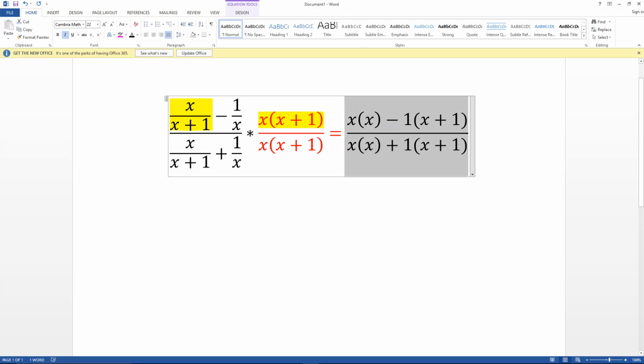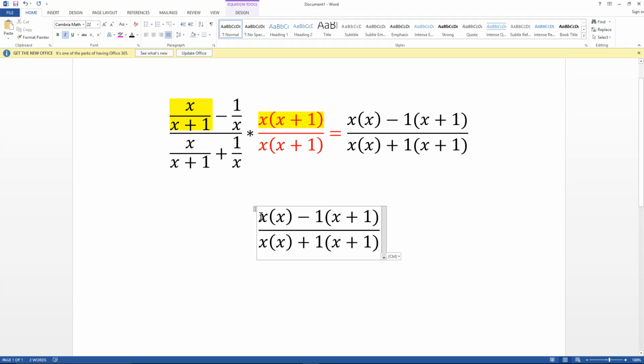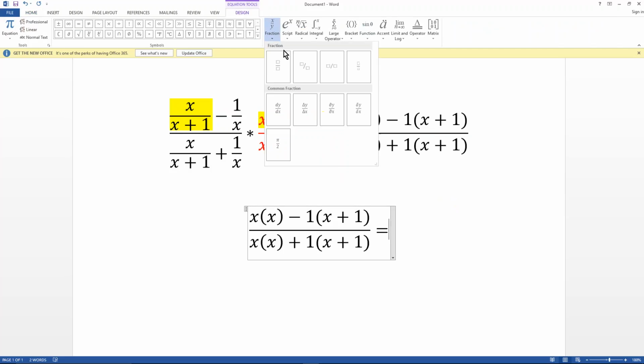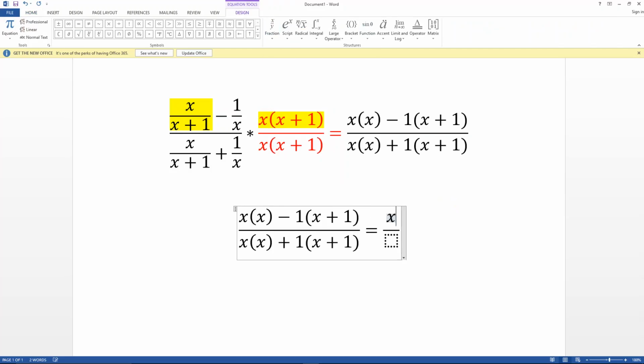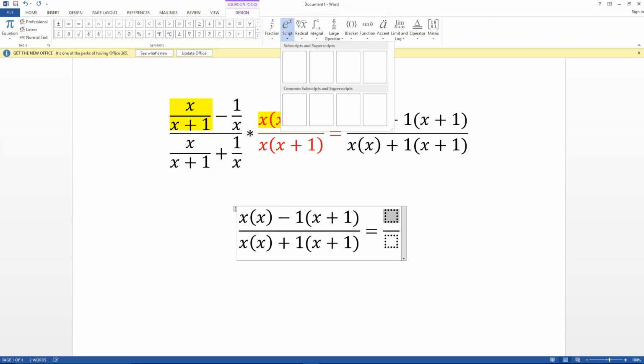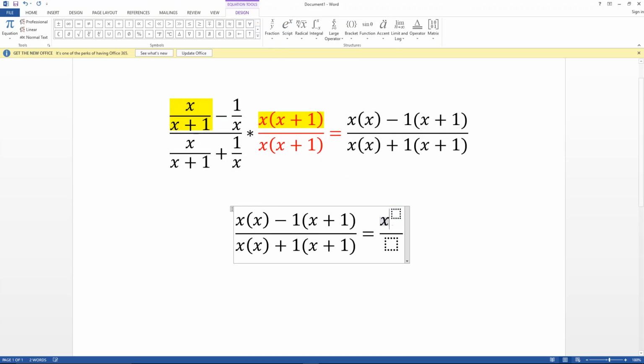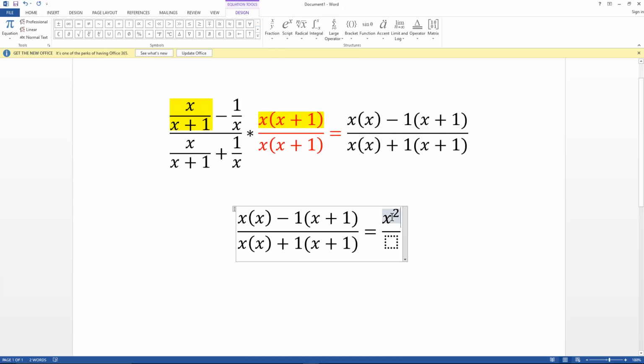After that, all we have to do is clean it up. So what's x times x? X squared. Right? Minus.